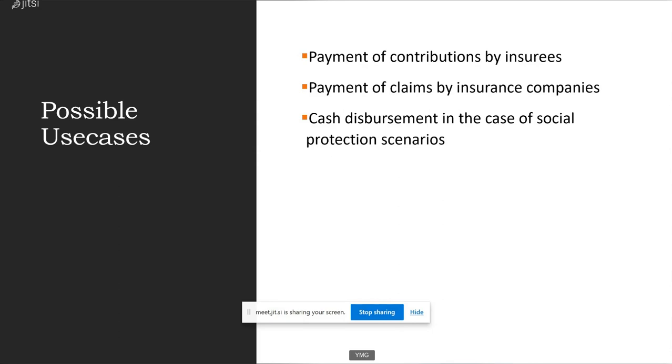That was a manual process: the payroll was generated and the cash distribution was done manually, individually, to the people. What if everyone used mobile phones, everyone had their mobile accounts stored in the system, and these cash transfers were done digitally through the system? This is another possible use case for this integration.